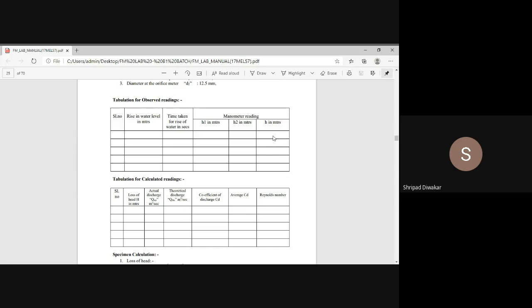Then you have to find H, that is H1 minus H2. Whatever readings I am giving in centimeter, you have to convert to meter. Sir, you said it's in meters only. Meter only, just a minute. Correct, that's meter. 5.3.